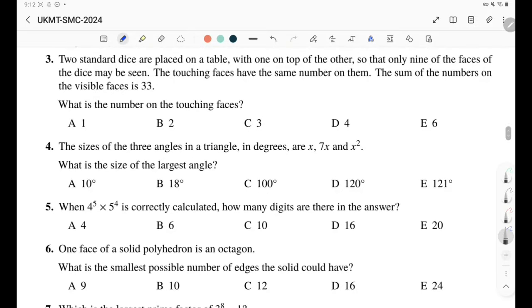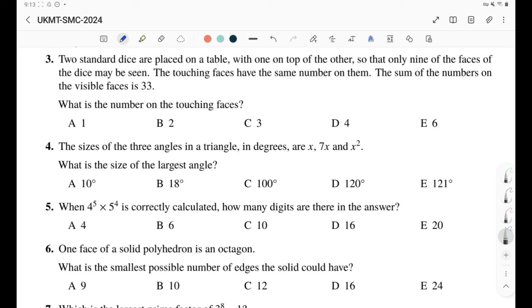We have 2 dice. They're standard, which means that each 2 opposite sides add up to 7. For example, 1 and 6 are opposite, and 2 and 5, and 3 and 4. Now they are telling us we have 2 of them, one on top of the other.